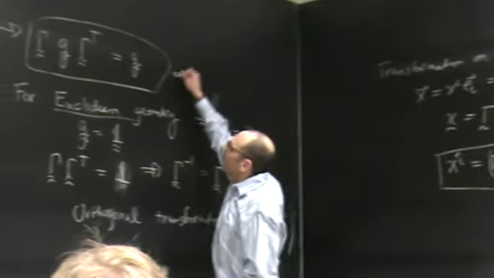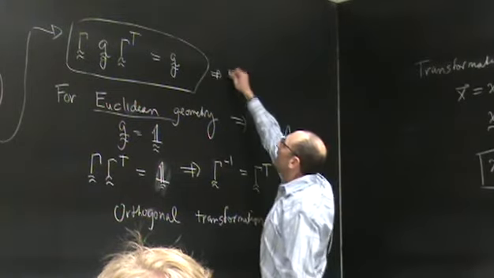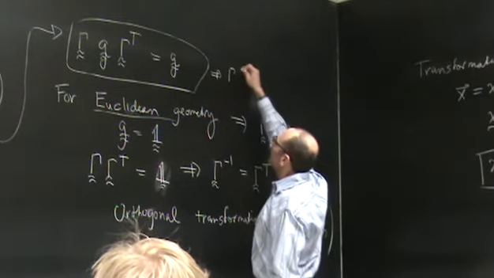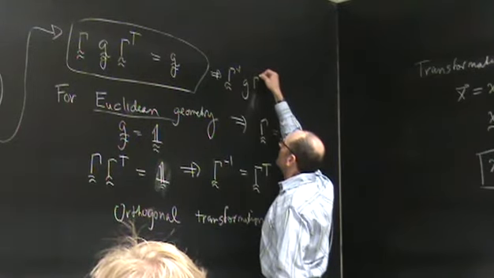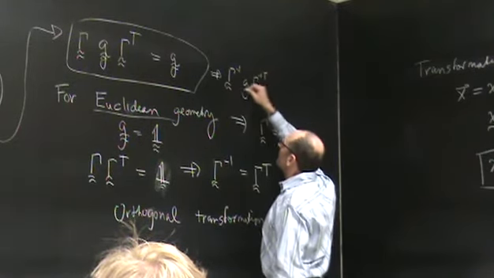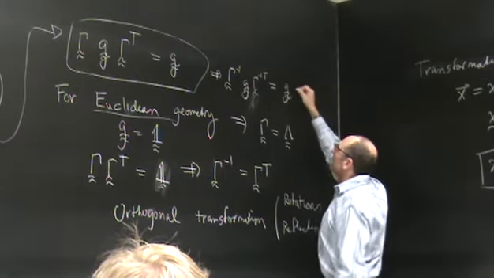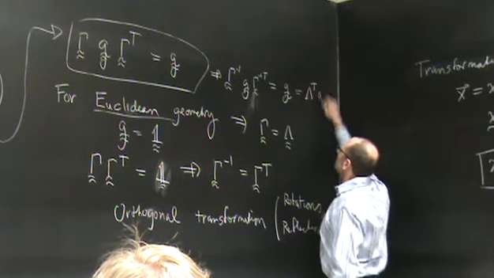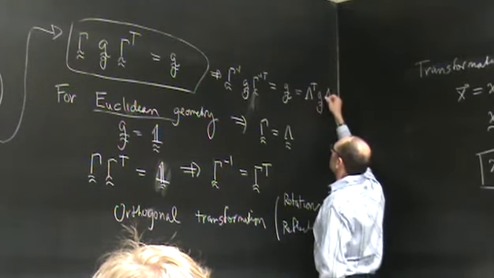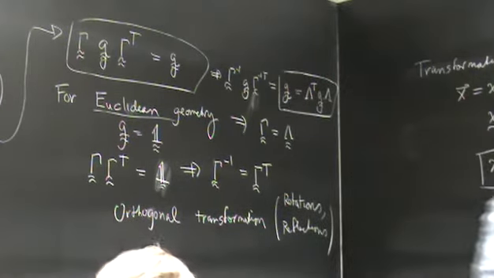Notice there's a slightly different way this can be written: if I multiply both sides by the inverse, that gives another way that you'll often see this written.